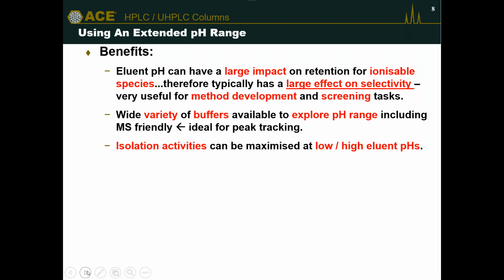But if you know your final method needs to be MS friendly, you can build that into the actual method development process. Finally, and something that I actually have only a couple of slides on, is if you are trying to purify your sample. So if you want to isolate that peak, working at a different pH can give you a different loadability. So we'll touch on that.